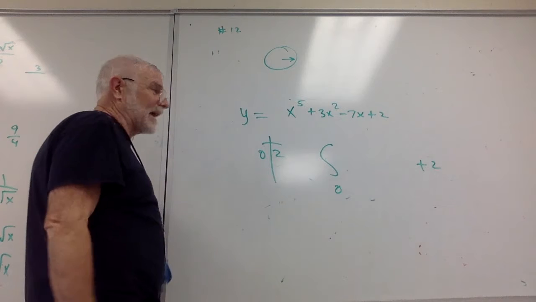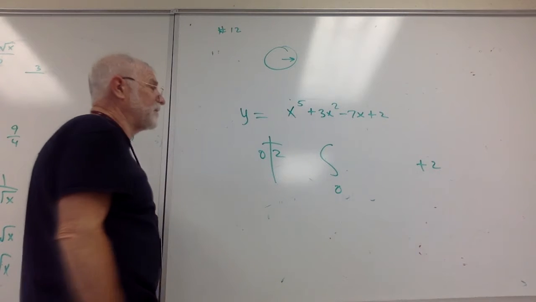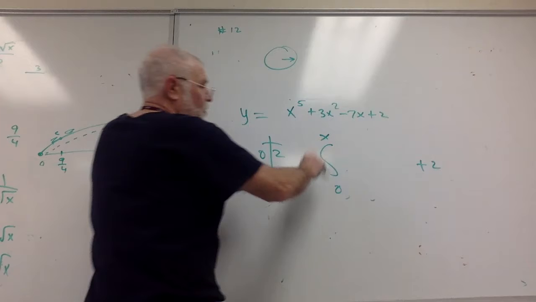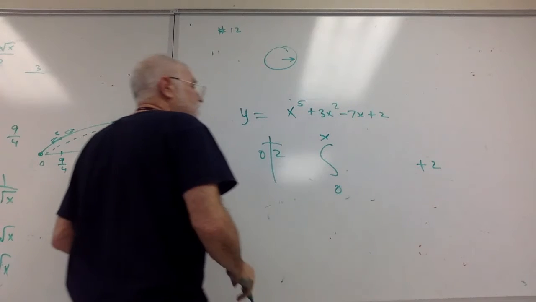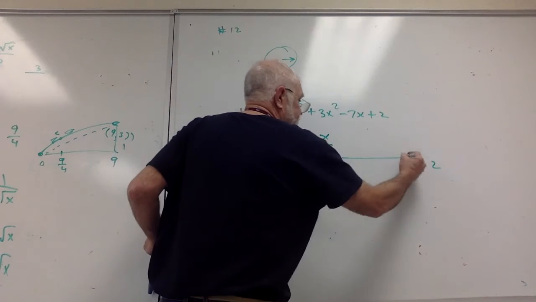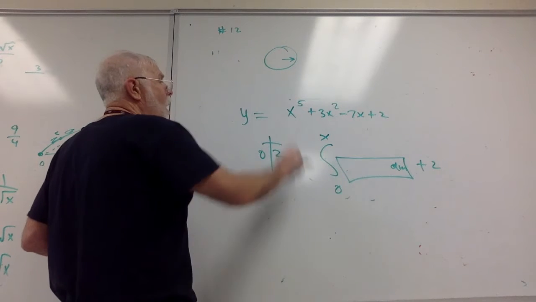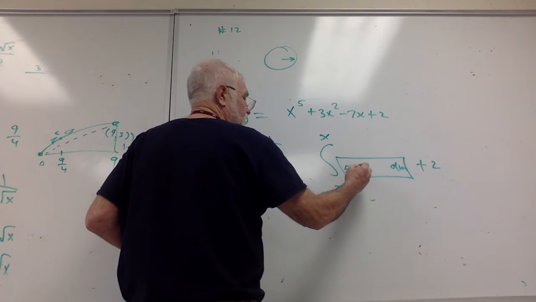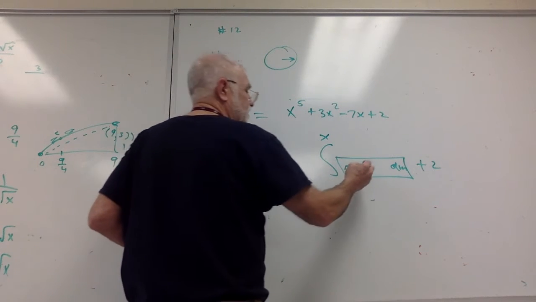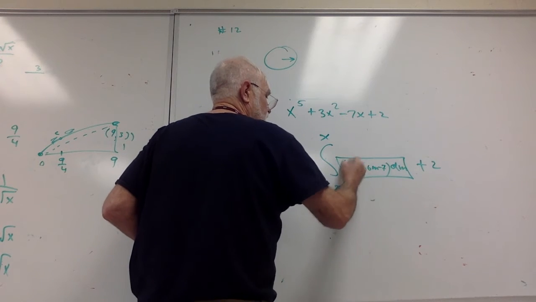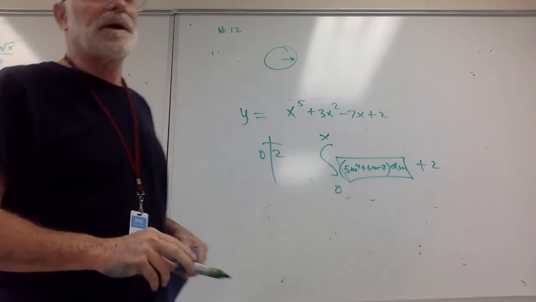Why not? Unless I ask you to use a specific x sometime. X, there's step 2, step 1, step 2, step 3, dm. Oh, 5m to the 4th plus 6m minus 7. Okay, hoping you get that right.